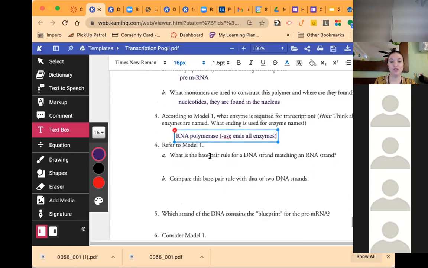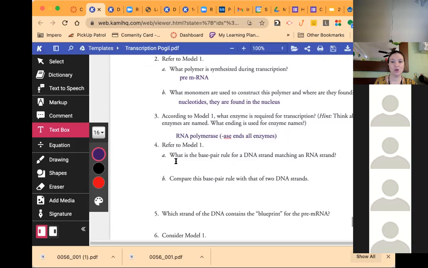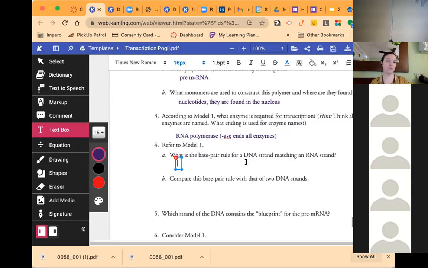Refer to Model 1. What is the base pair rule for a DNA strand matching an mRNA or an RNA strand? So let's see. Josh, what did you get for this? Guanine pairs with cytosine, adenine pairs with uracil, and thymine pairs with adenine.